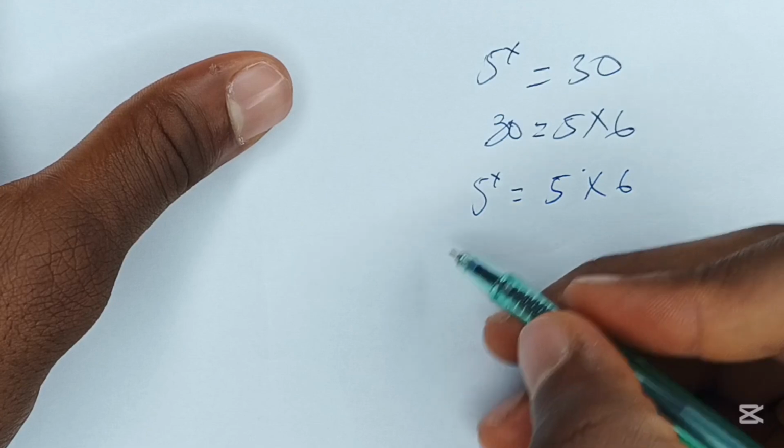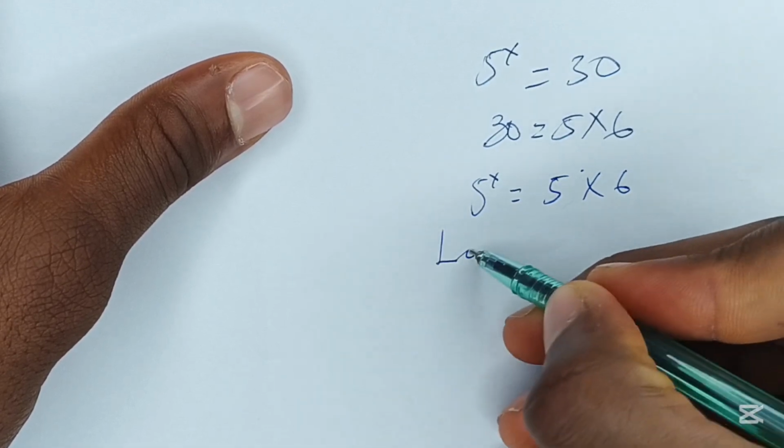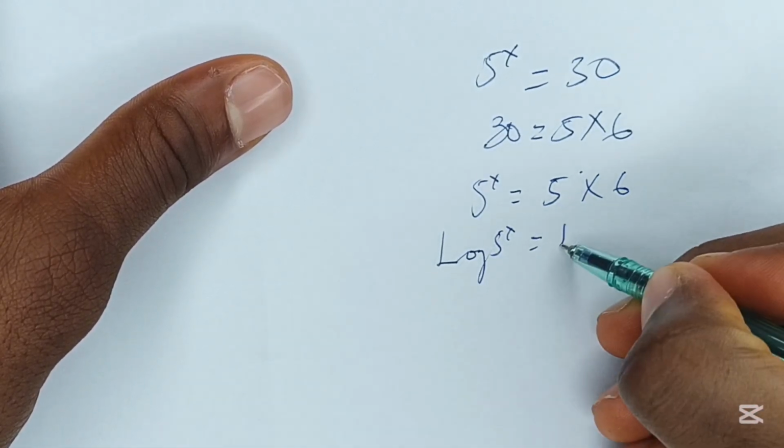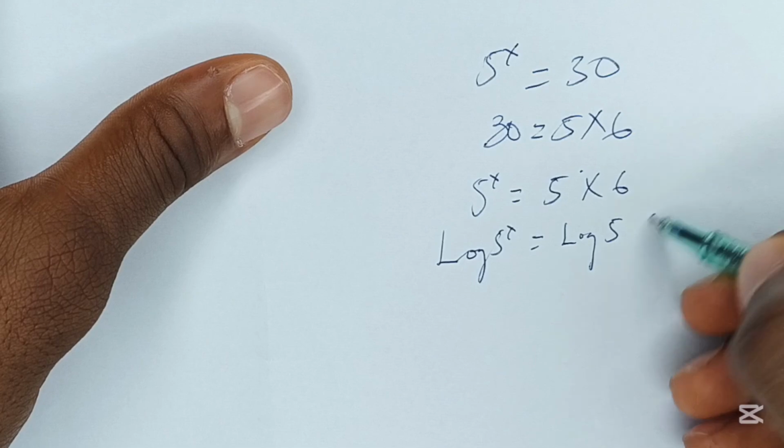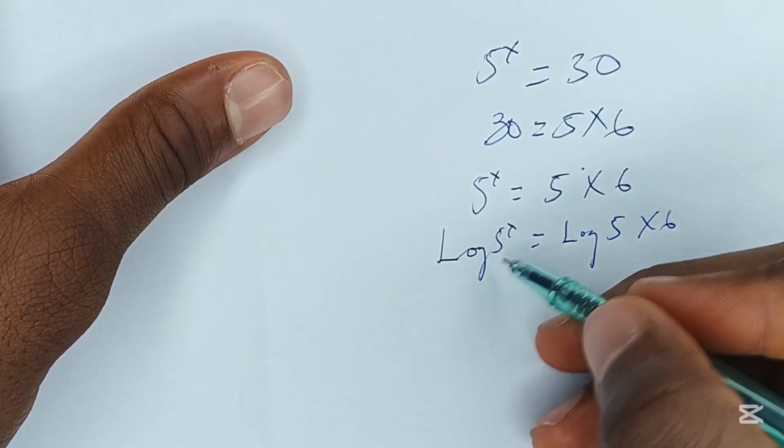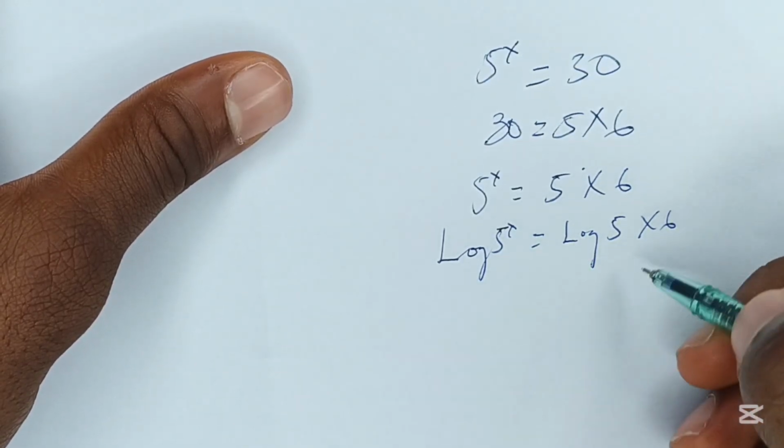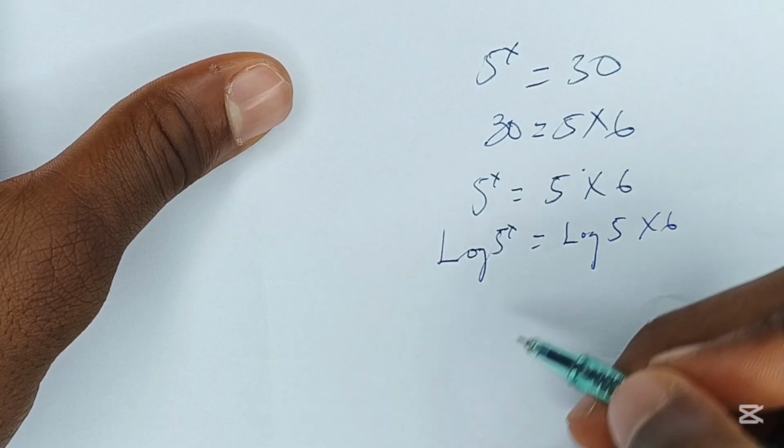Okay. Now we can take the logarithm of both sides here. Hence we have logarithm of 5 to the power of x will be equal to logarithm of 5 times 6.